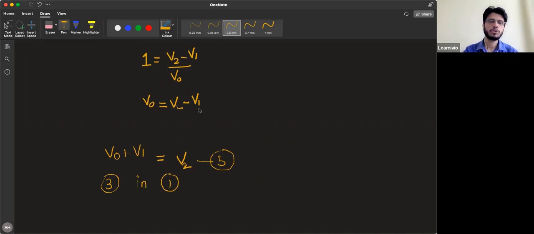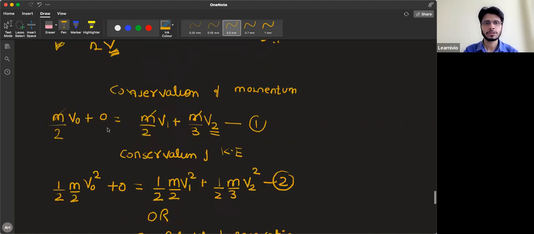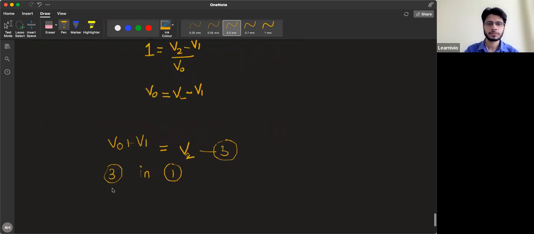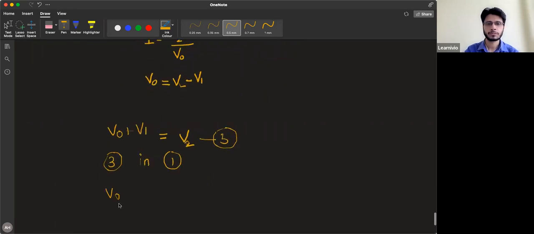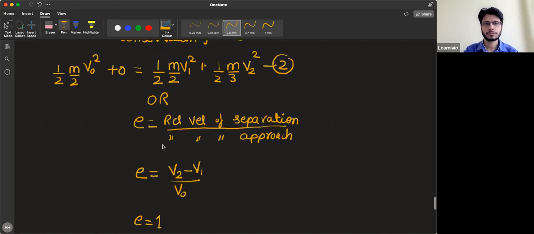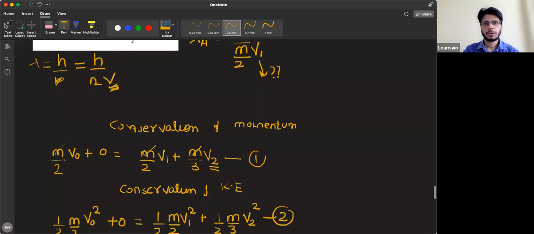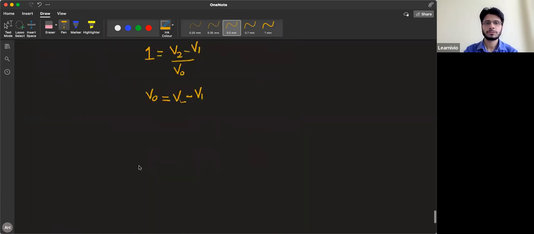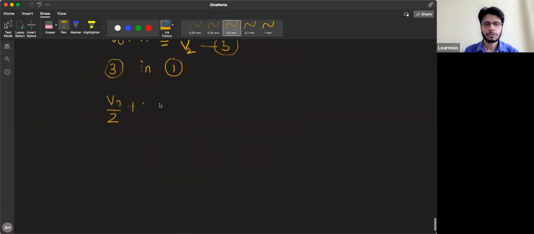When you do this substitution, this is V0 by 2 plus 0, which is V1 by 2 plus V2 by 3.